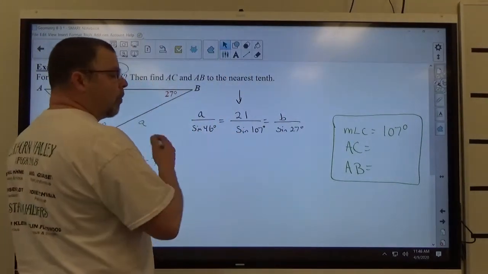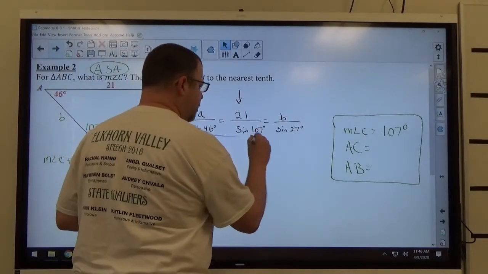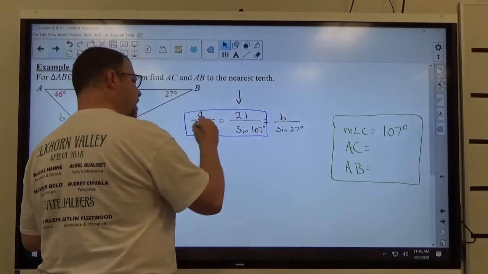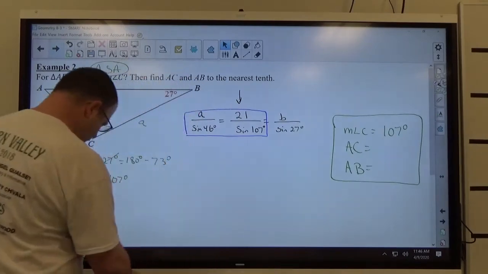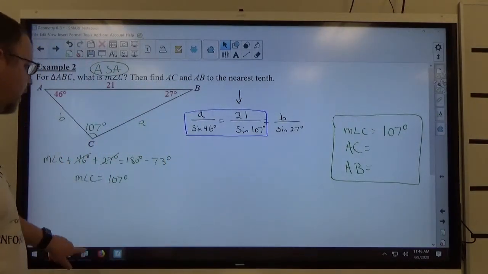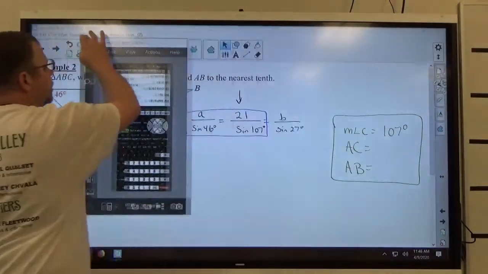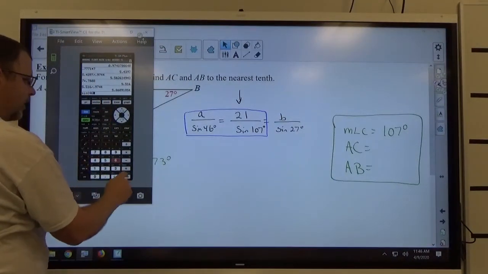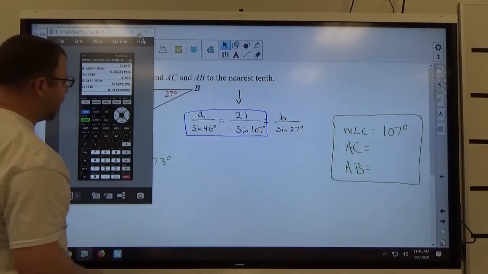For me, if my work looks like this, then this proportion here gets me A, and once again I want to establish the sines of those numbers. So if I get my calculator out again and evaluate, sine 46 is 0.7193.